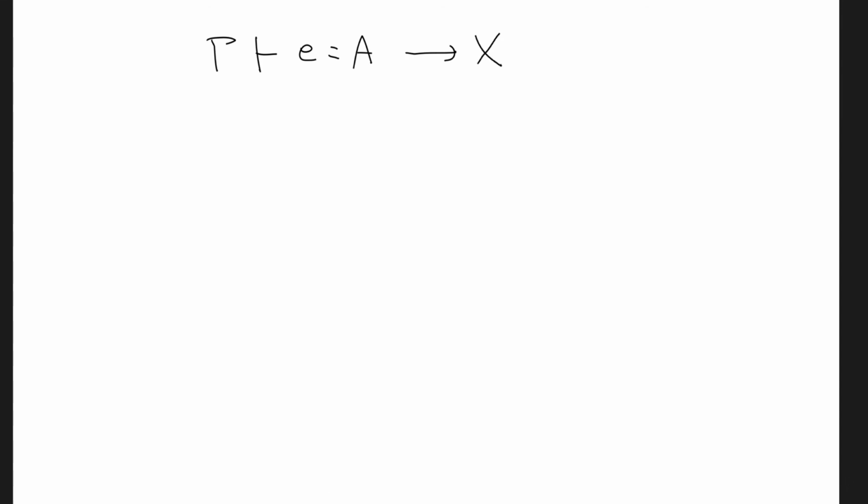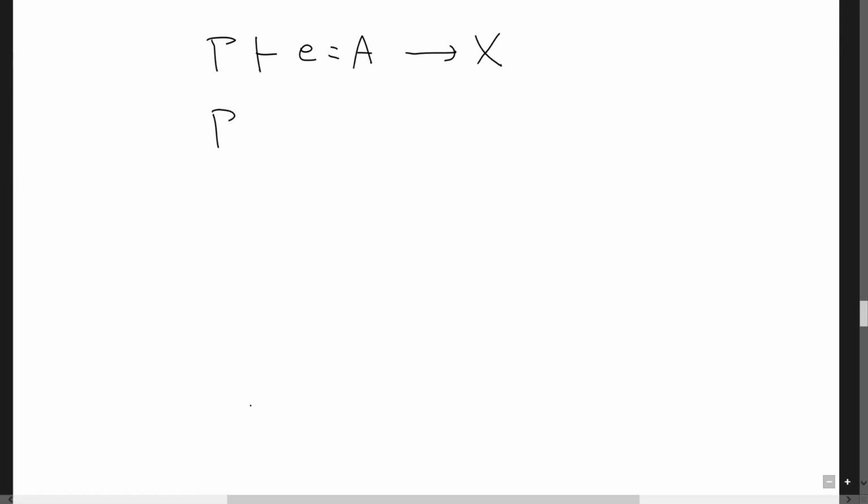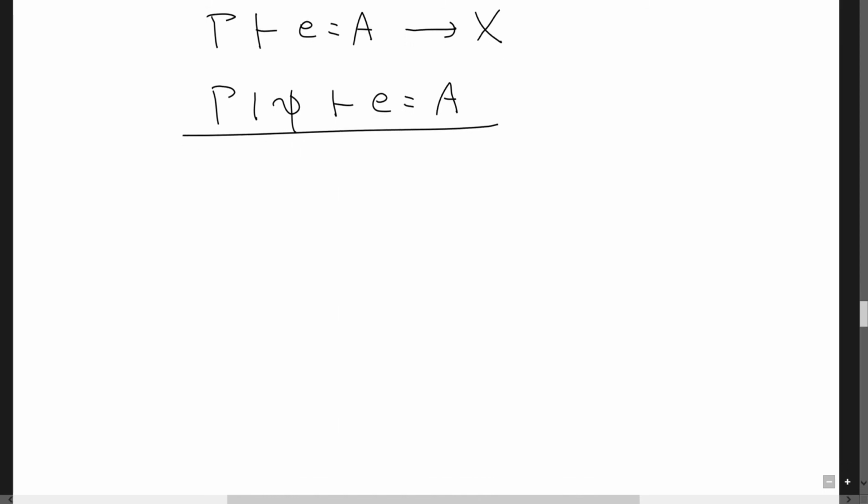So let me summarize the problem. The previous typing judgment, gamma turnstile expression A, is clearly inadequate. We have to add something new. So our first attempt is, why don't we add the store directly here? But I said this typing judgment has some problem.